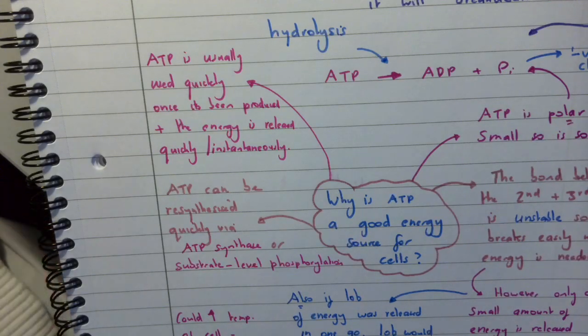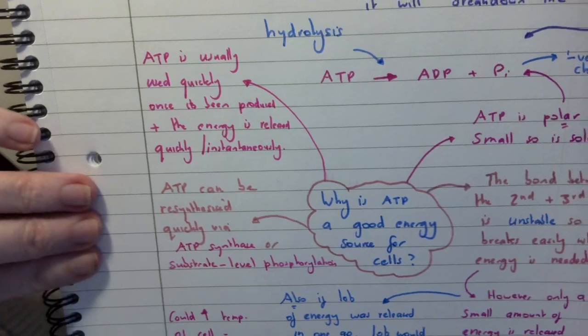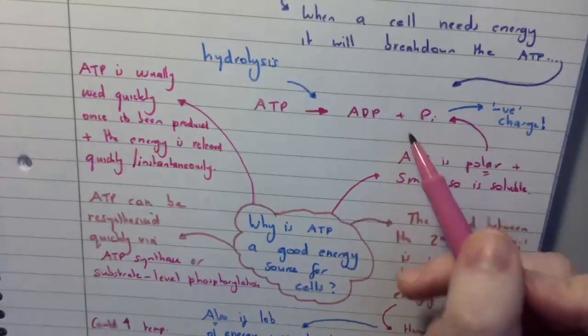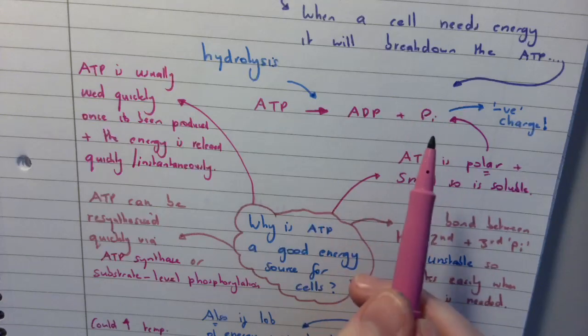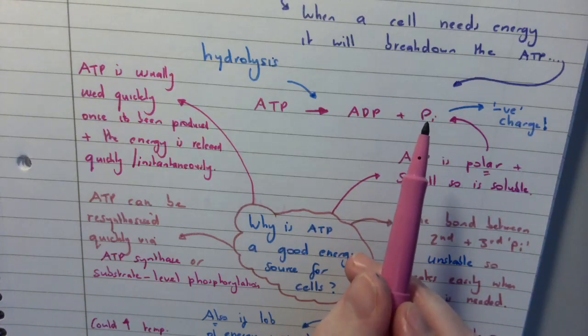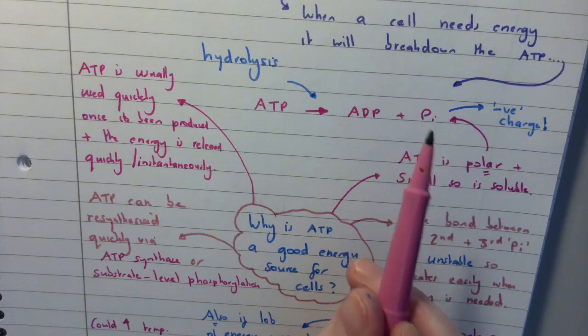Okay, one more thing I want to tell you is that sometimes this phosphate group, when it gets broken off this ADP here, is used to phosphorylate. Phosphorylate just means add a phosphate group to.